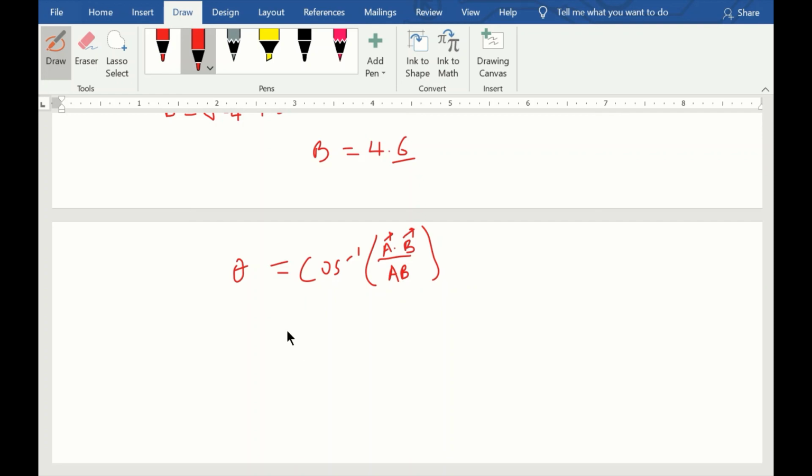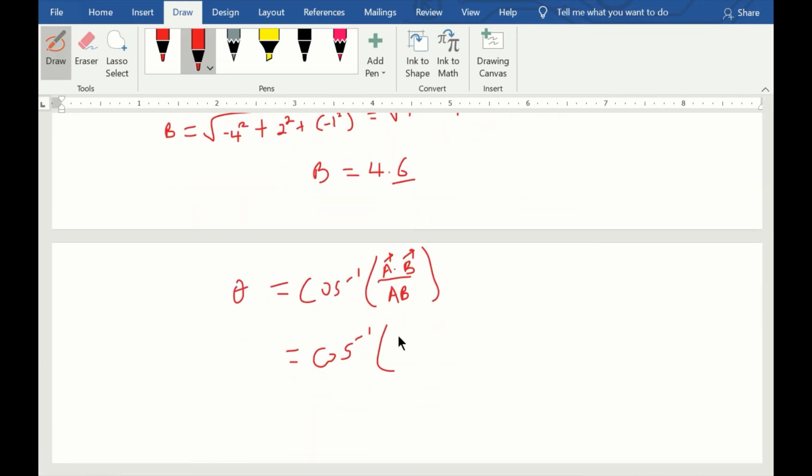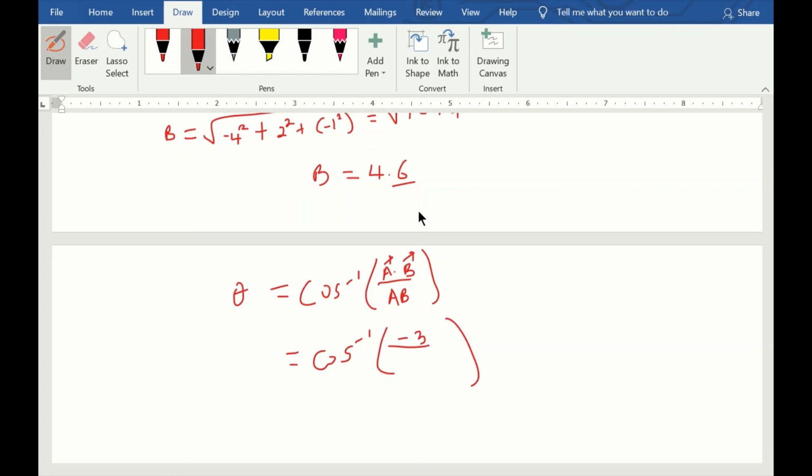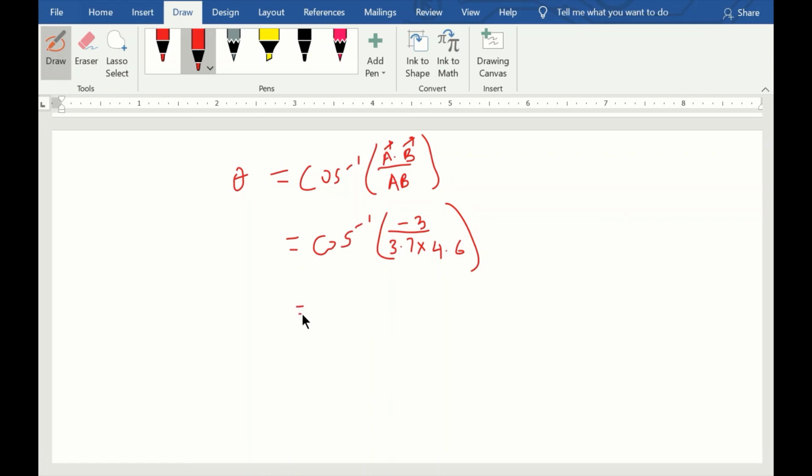So I have cos inverse of -3 over my A, 3.7, times my B, 4.6.